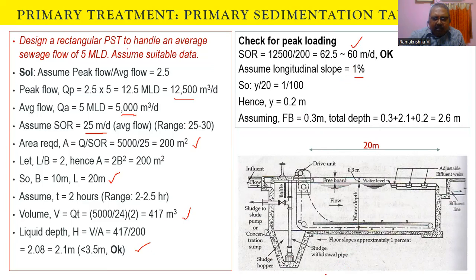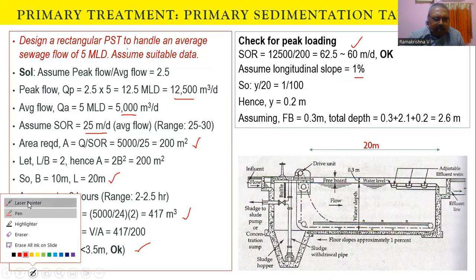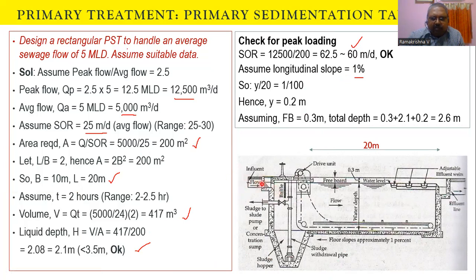Again, if you look at this diagram, this is the rectangular sedimentation tank. Here, what we are observing is that the wastewater is entering through the inlet channel and enters into this particular tank. This particular portion is nothing but the rectangular portion of the tank.